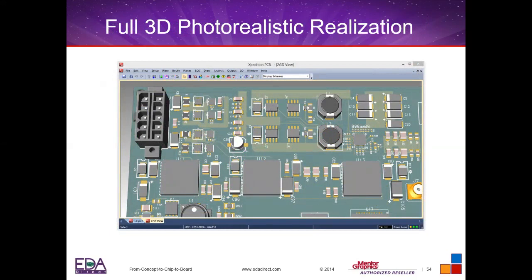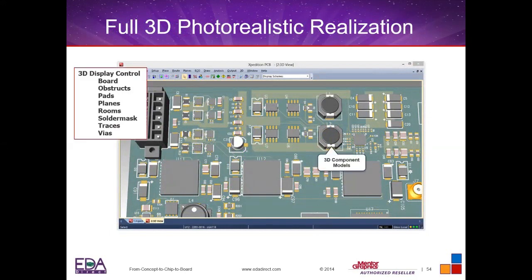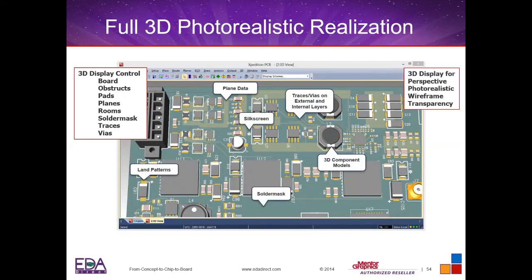And you're also going to be able to see everything that's on the design, whether you're looking at solder mask or 3D components or land patterns that you want to see how they're going to fit onto the land patterns. You can see all the traces, whether they're internal or external. You're going to be able to see the plane layers that are designed. Silkscreen will be visible to you. You also see the solder mask, and then there's other things that you can add on to it.